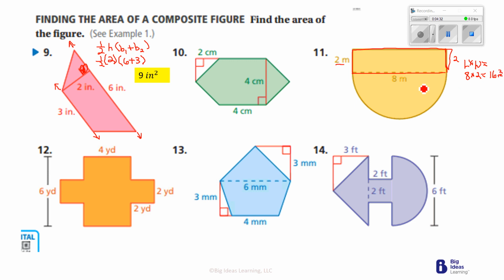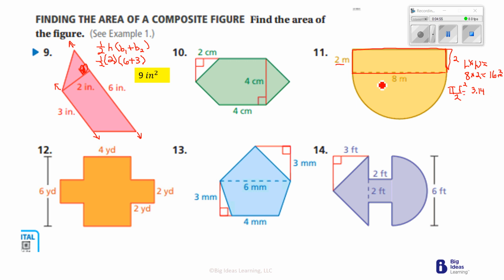All right, and then now for the semicircle, well, the formula for a semicircle is half the formula for a circle. So I would take pi r squared, and then I would divide it by 2. So this is going to be pi, well, that's equal to 3.14.